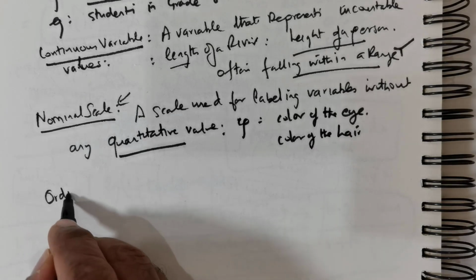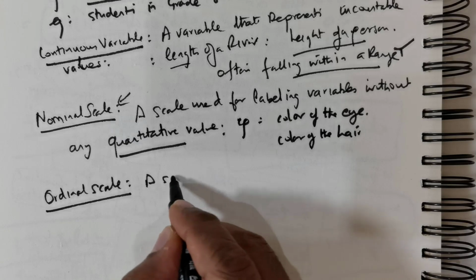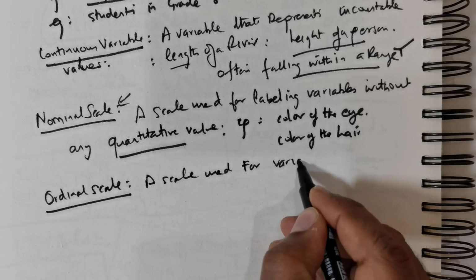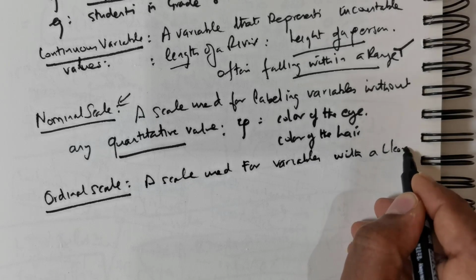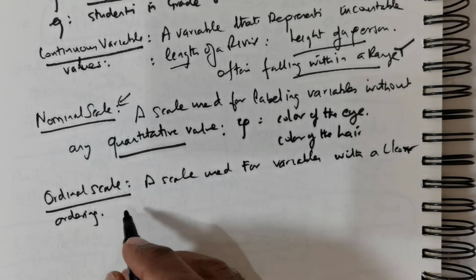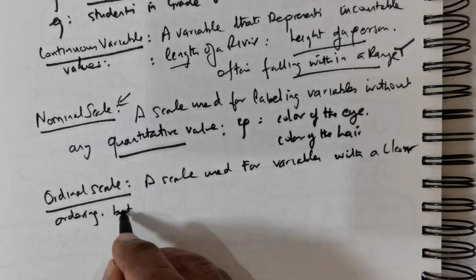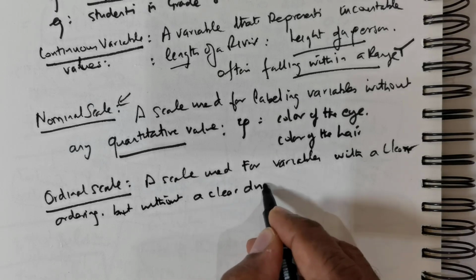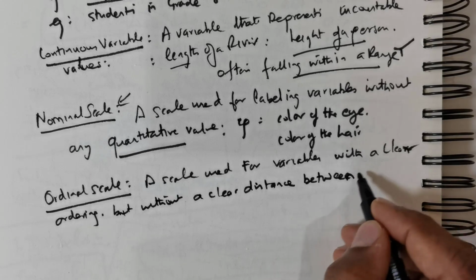Next comes ordinal scale. So what is an ordinal scale? This is a scale used for variables with a clear ordering, but without a clear distance between them.